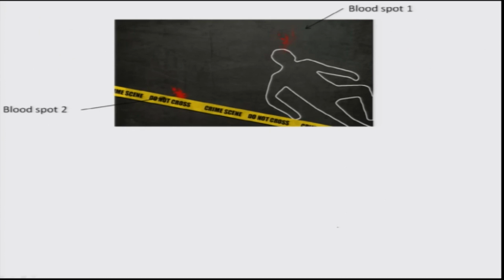Here you see an individual who has been murdered, and there are 2 blood spots indicated in his surroundings, one near his head and one in close proximity. We type these 2 as blood spot 1 and blood spot 2, and the aim is to see whose blood this is, and whether the blood helps us in telling anything about the suspect who killed this man.